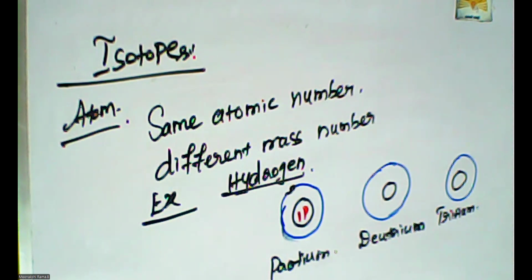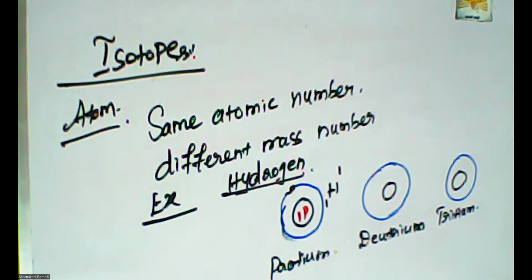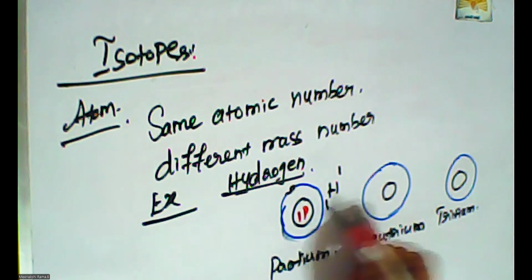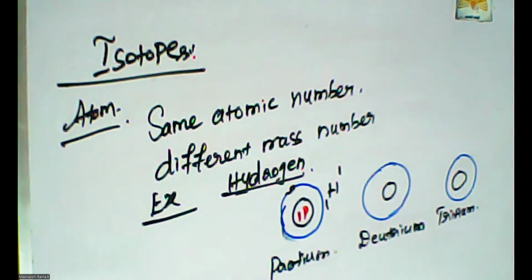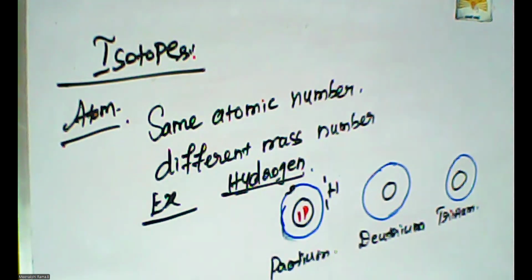So this is hydrogen-1. Subscript and superscript: the subscript denotes the atomic number and the superscript denotes the mass number. In protium, there is only one proton and one electron, so the atomic number is 1.